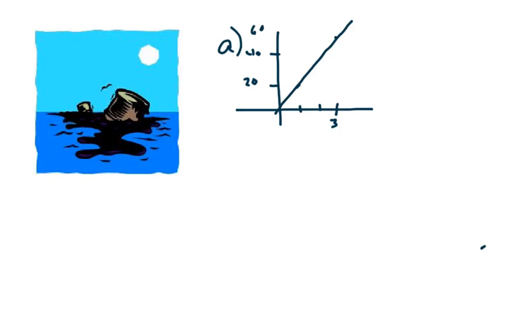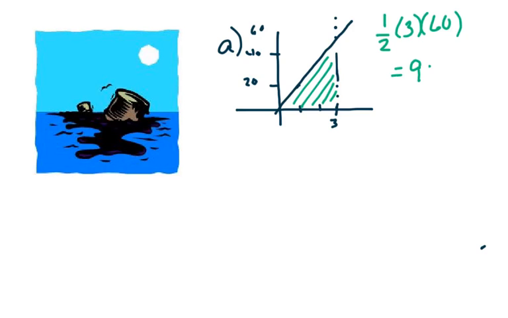So this time the area under the curve, this area right here, is a triangle, 1/2 base times height, which would be 90.